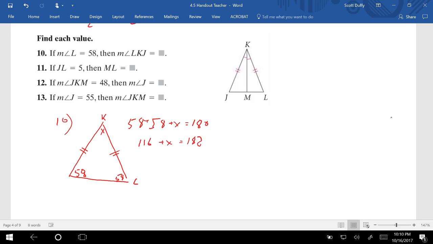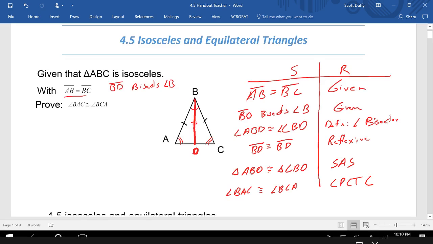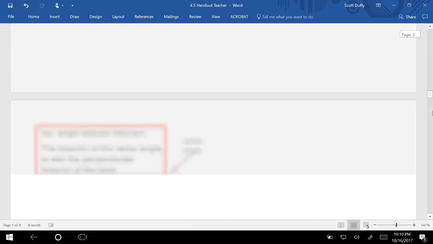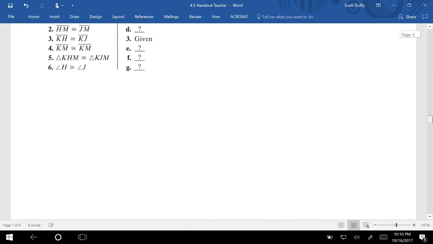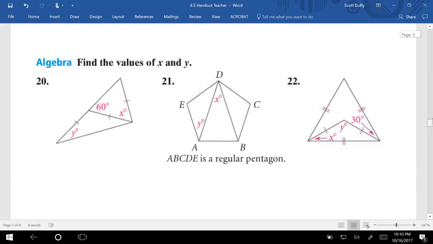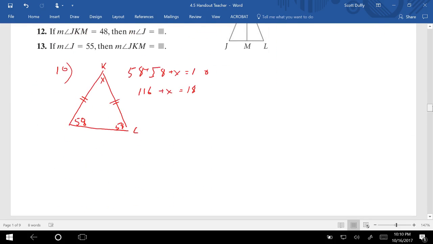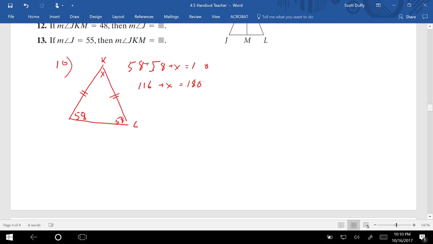And then subtract 116 from both sides, and x equals 64.